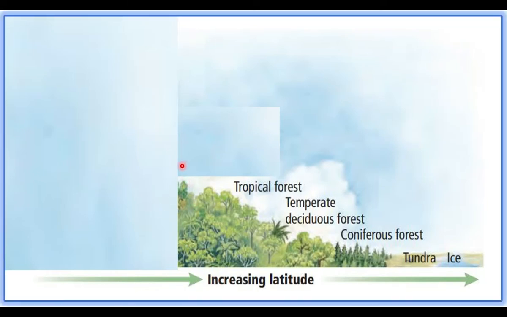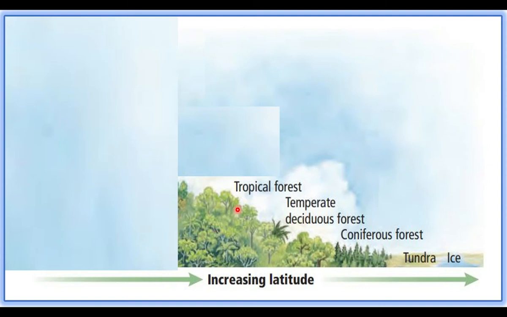This is the equator region. When there is an increase in latitude, when we move towards higher latitude from the equator, the temperature decreases. Finally, the area becomes ice. So this is the equator.